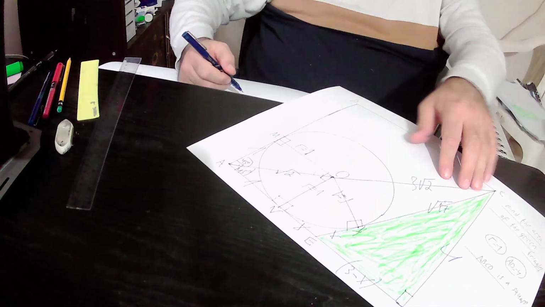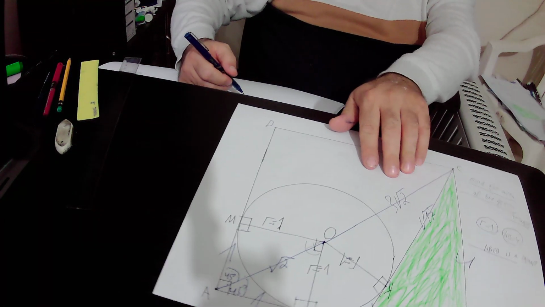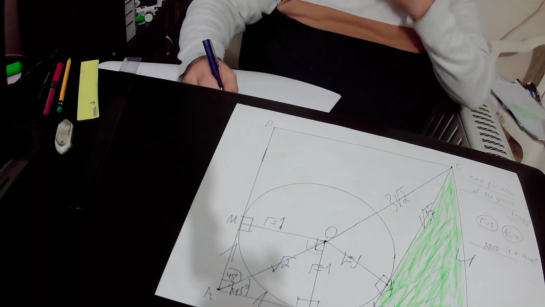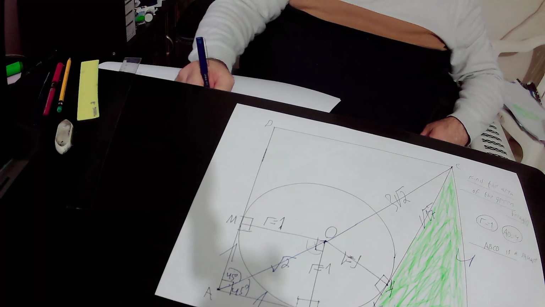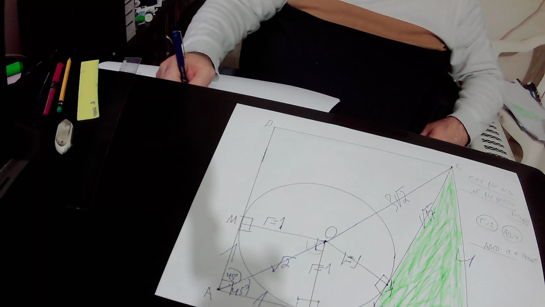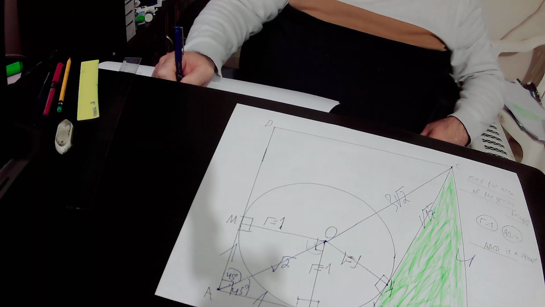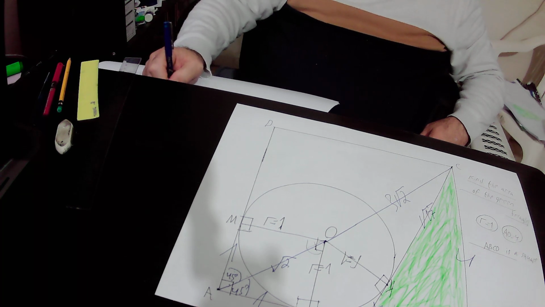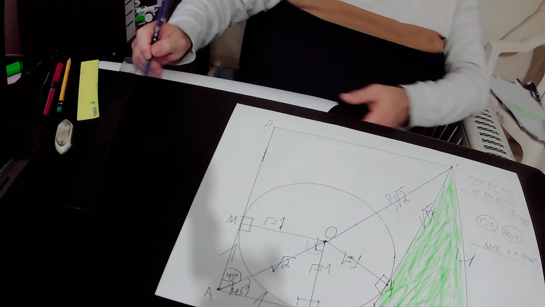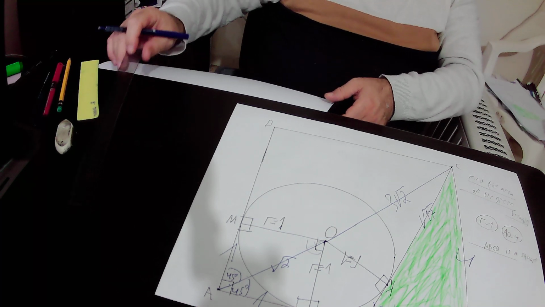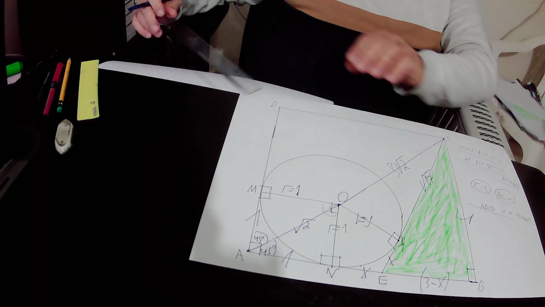So we will focus on the right green triangle, triangle CEB. In the right green triangle CEB, according to the Pythagoras theorem, the square of the hypotenuse equals the sum of the squares of the perpendiculars.